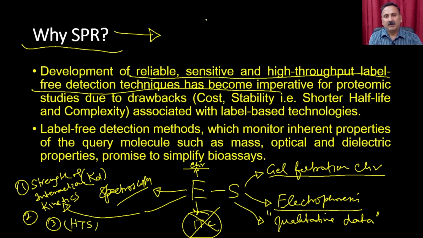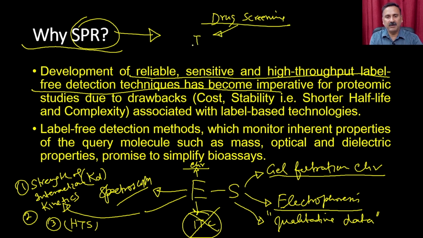For example, you can use SPR for drug screening, because you can say whether the inhibitor is binding to the enzyme or not. Whether it is inhibiting or not, that you have already done.